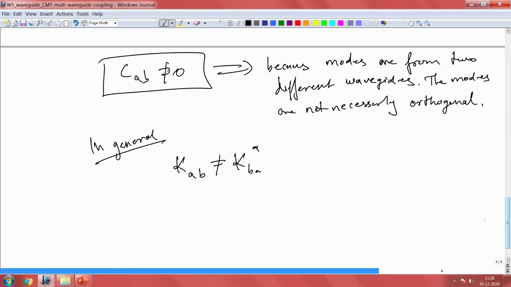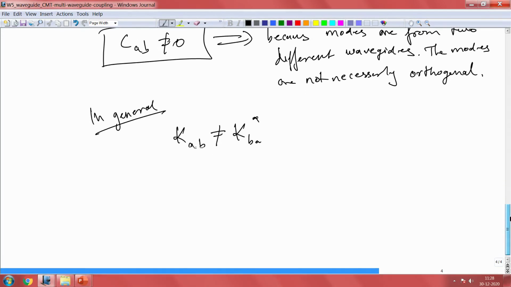If I have two waveguides, coupling this way and coupling that way from A to B need not be equal between two different waveguide geometries. If the waveguides are identical, then you will have reciprocal coupling, but in this case you cannot assume that. All right.